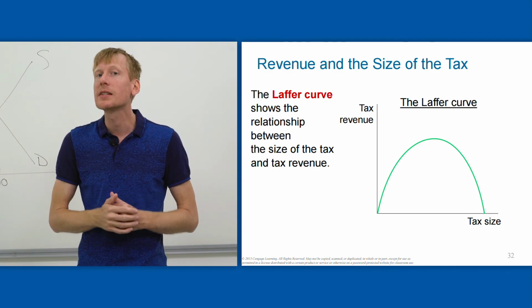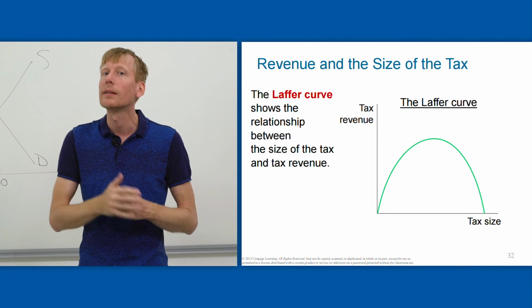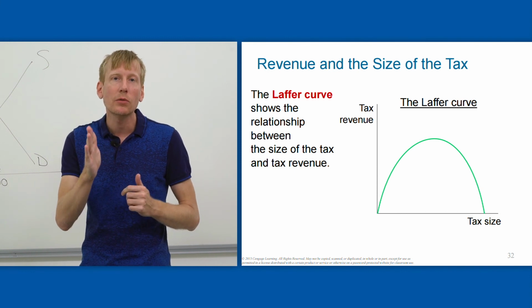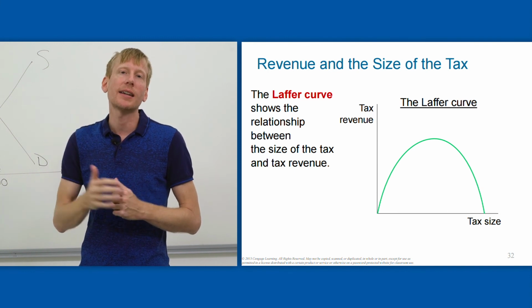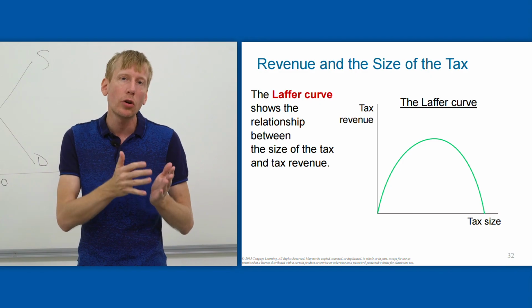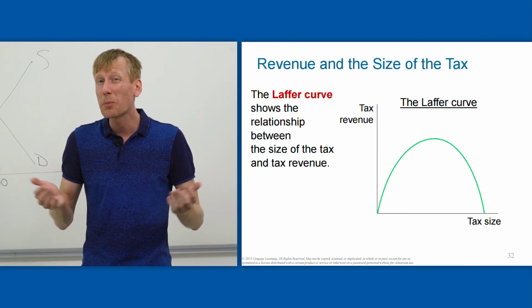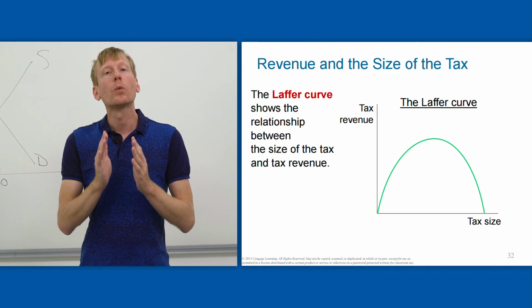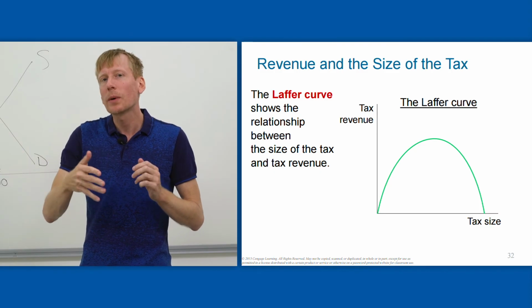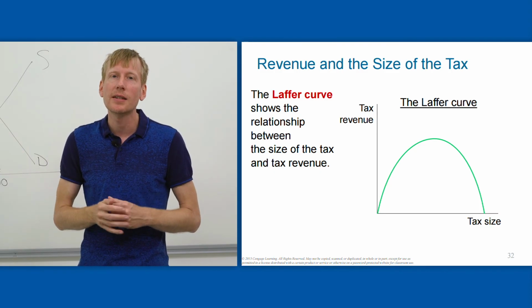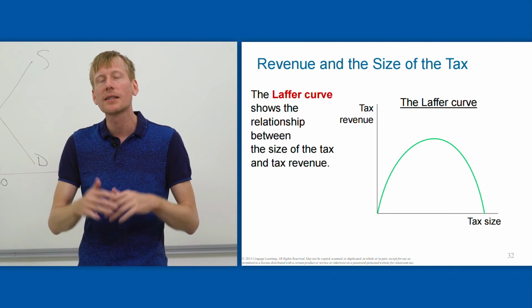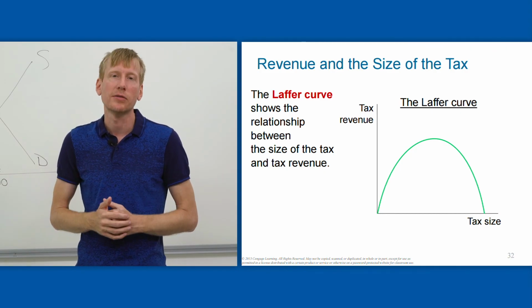That doesn't mean that there isn't a hypothetical point at which, once we continue to raise the tax rate on any individual good or service or labor or income, we would begin to see so much additional inefficiency added to the system, so much additional deadweight loss, that tax revenues began to fall.